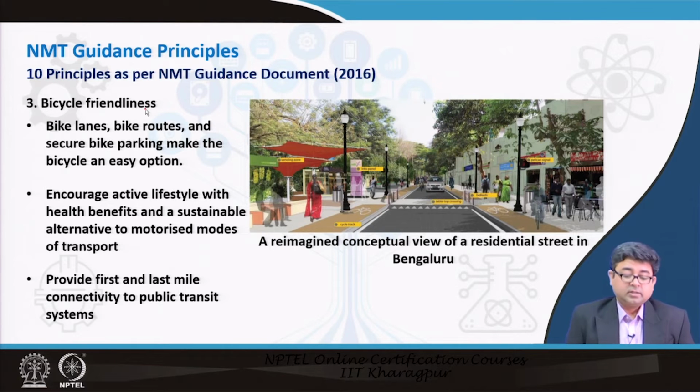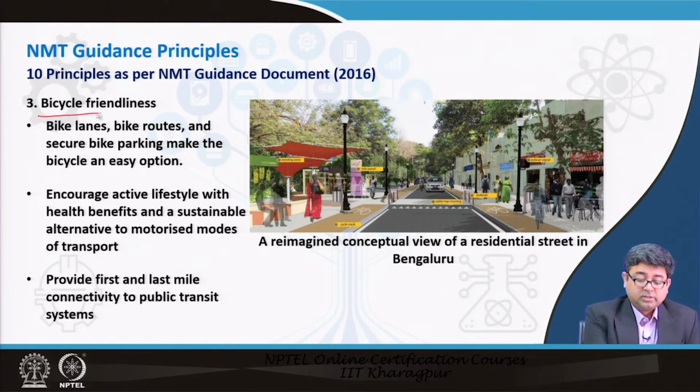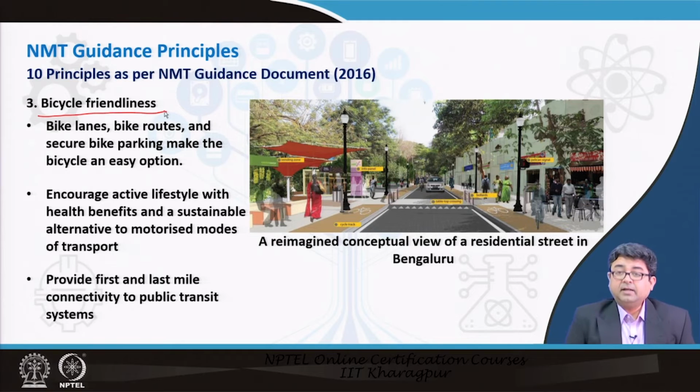The third one is looking at how streets can be bicycle friendly. Now, it is very important to understand that to promote NMT and different forms of non-motorized transport in your urban area, you have to design the facilities in such a way that they are friendly to those users.